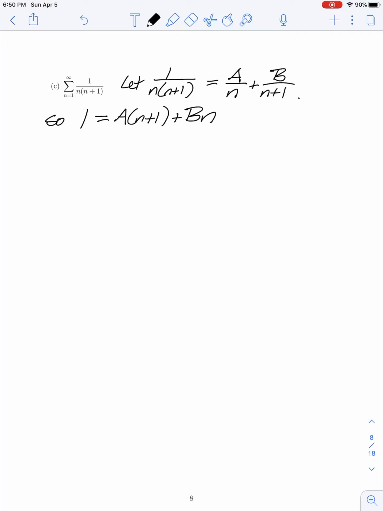So to solve for a, if I let n equal 0, the equation becomes 1 is equal to a. And to solve for b, if we choose n as negative 1, the equation becomes 1 is equal to negative b, which implies that b is negative 1.